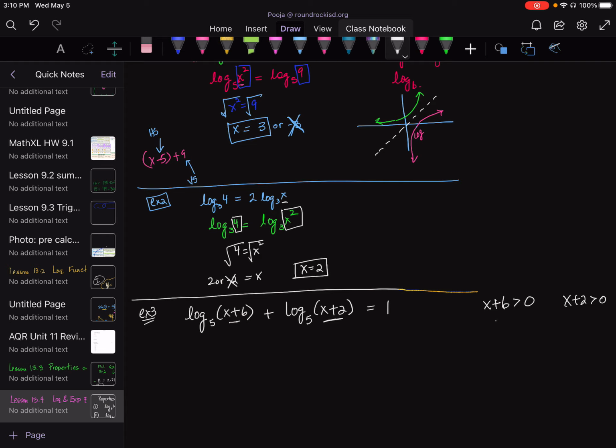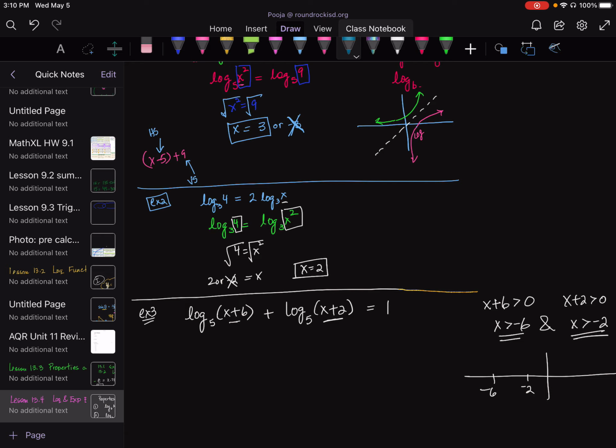A quick solving here, subtract 6 from both sides, so x must be greater than negative 6. And at the same time, subtract 2 from this inequality, and then x is greater than negative 2. So these are the restrictions. X must be greater than negative 6. On a number line, negative 6 is here, negative 2 is somewhere here. I have to satisfy both of them.